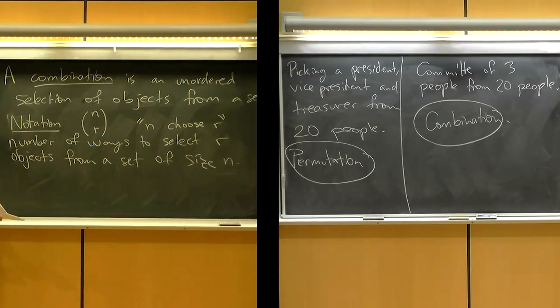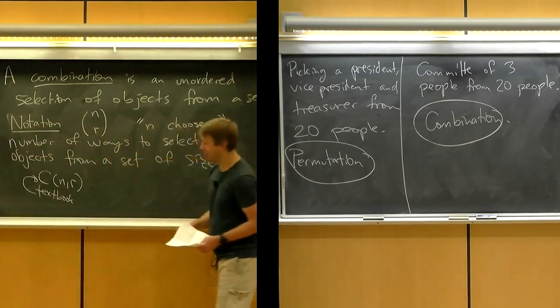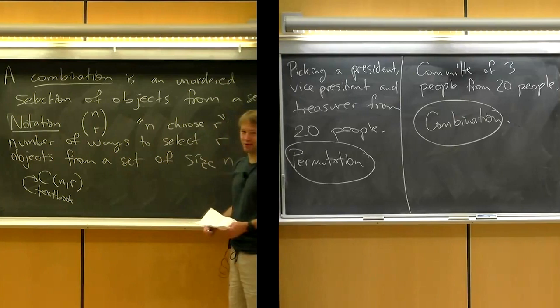But in your textbook, they don't use this notation. They use a different notation, which is C(n, r), to mean the same thing. Apologies that things are so inconsistent, but you can't make all mathematicians use the same notation.